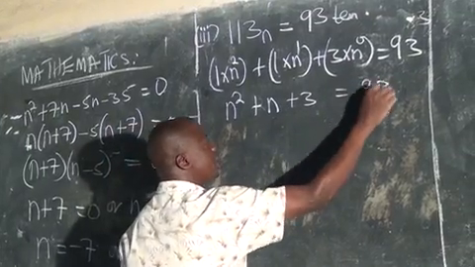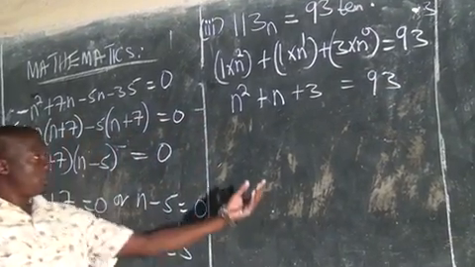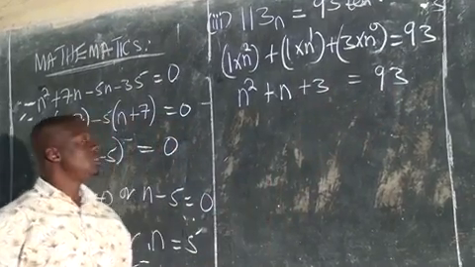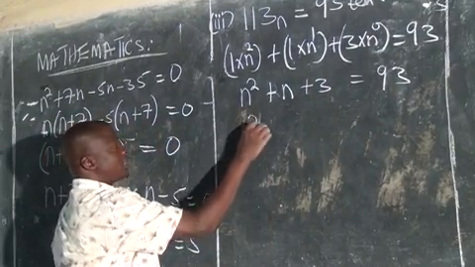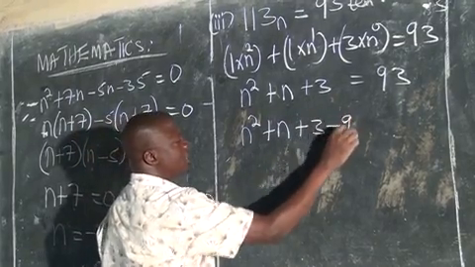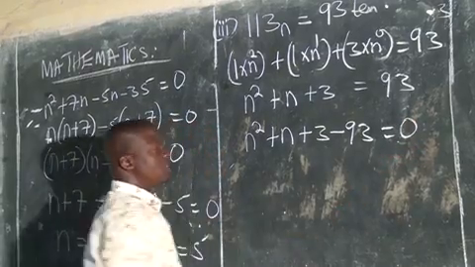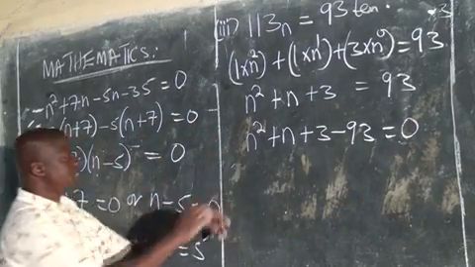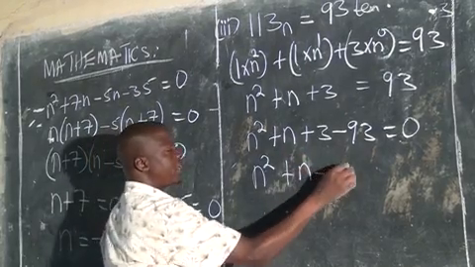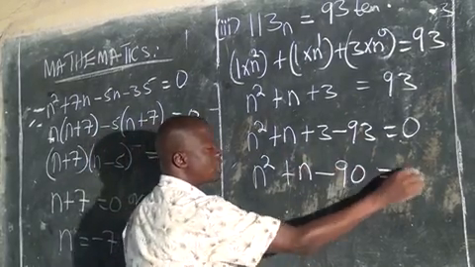This is equal to 93. We collect like terms. This one crosses to the side. That is n squared plus n plus 3 minus 93 equal to 0. So for this case, we have n squared plus n minus 90 equal to 0.